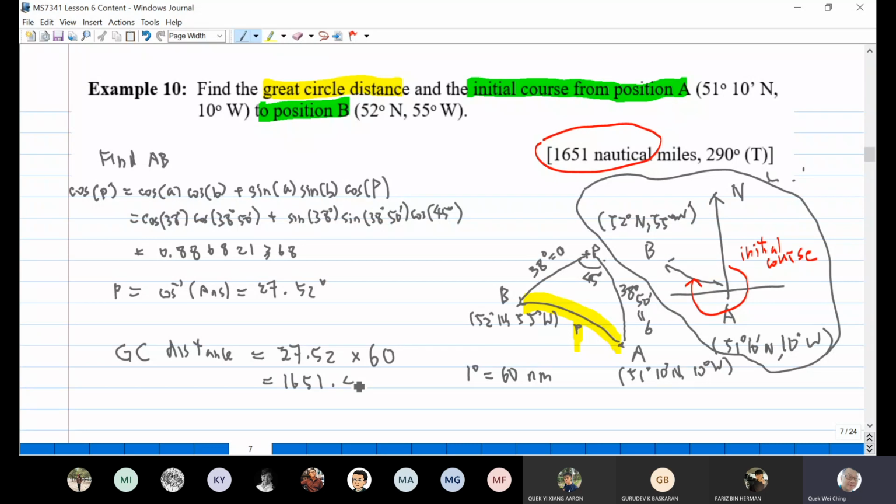1651.41 nautical miles. So anyway, it's 1651 nautical miles. Just multiply, right?